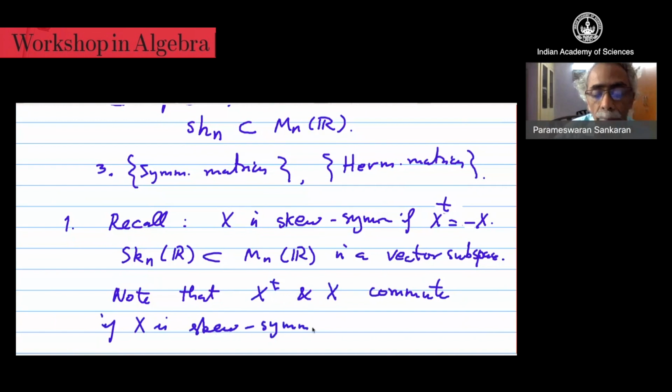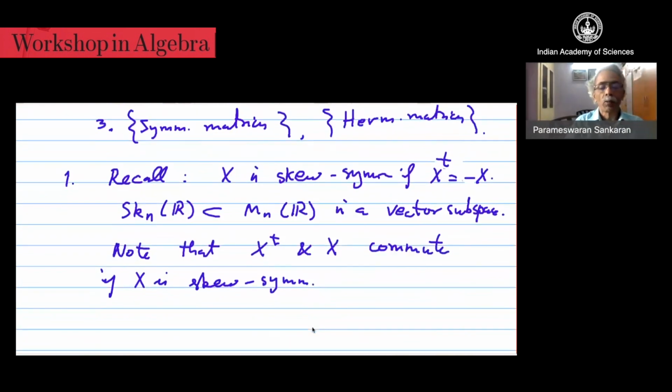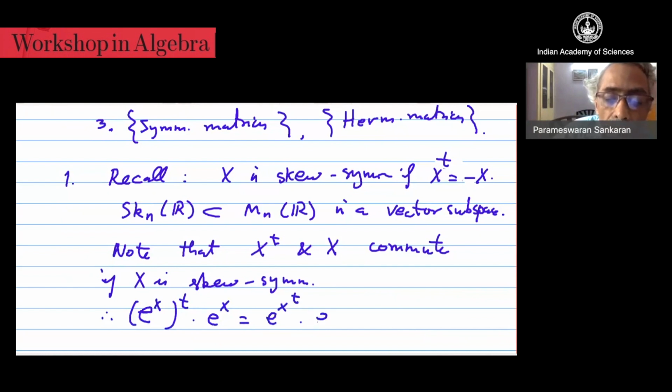So let us therefore consider e power x whole transpose times e power x. This is equal to e power x transpose times e power x.